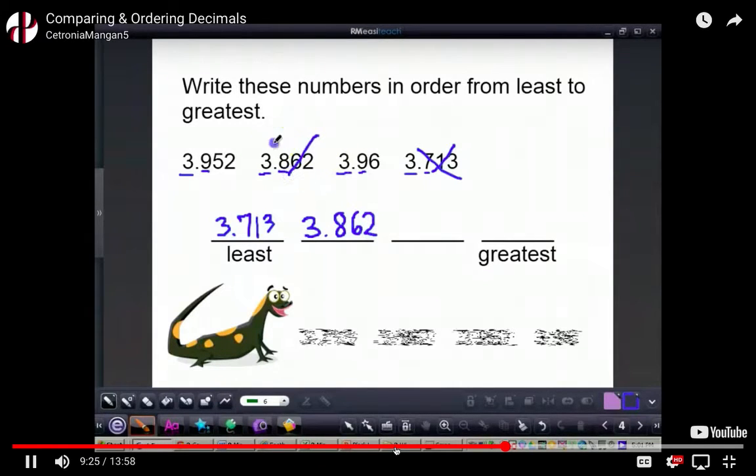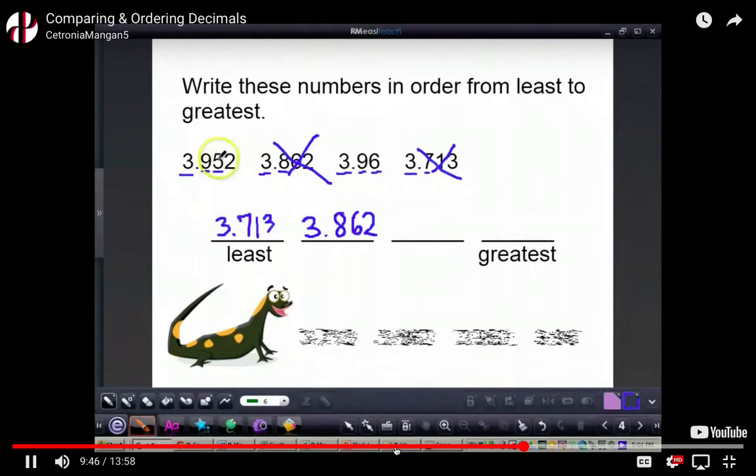Okay, and I can just cross that out. Then finally, I'm looking at my 3 and 952 thousandths compared to 3 and 96 hundredths. I can see my 9 is equal in the tenths place for both numbers, so I'm going to go to my hundredths place. I have a 5 and I have a 6.